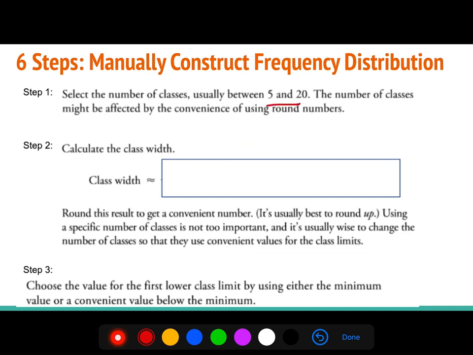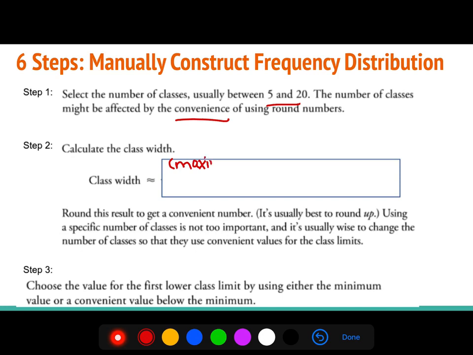So how are we going to make this frequency distribution table? Well, we've got some steps to do that. The first thing is we have to select the number of classes. That's usually between 5 and 20, and we usually choose it by convenience, because it makes sense. We're probably going to use round numbers.